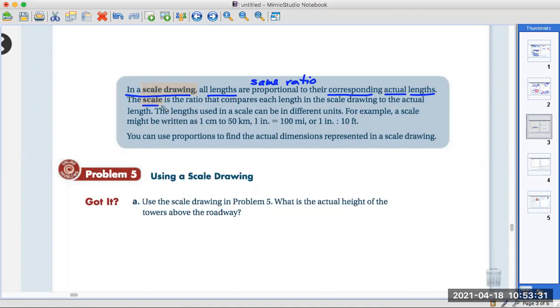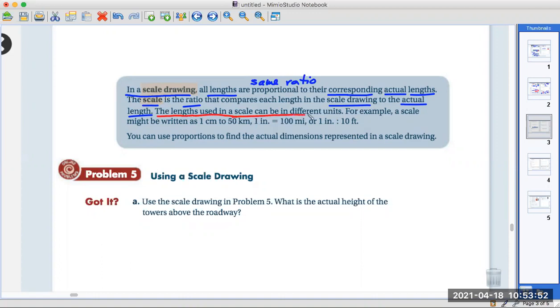The scale is the ratio that compares each length in the drawing to the actual length in real life. Okay, the lengths used in a scale can be different units. This is important. So this is the one time you don't have to change your units.